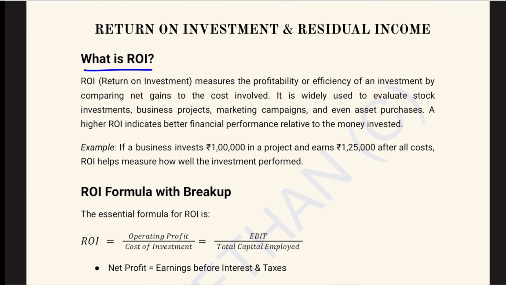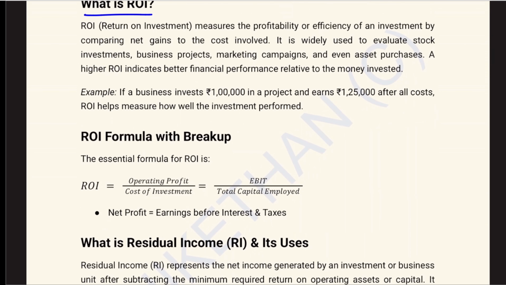In ROI, it's operating profit, so EBIT over total capital employed. What is total capital employed? It is nothing but my total assets minus current liabilities. That is one way to put it. Or it can be all my fixed capital plus my working capital. That is also the total capital employed.